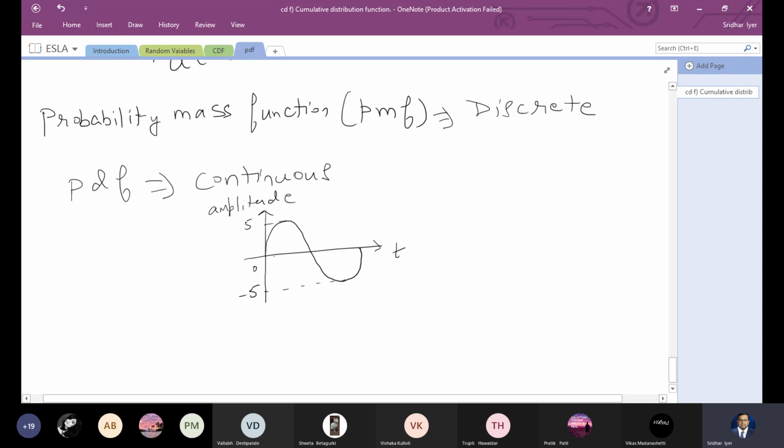At all times, T1, T2, T3, T4, the value of this signal is different. At T1, it has, let's say, value 4. At T2, it has value 5. At T3, value 0. At T4, a value of -5.